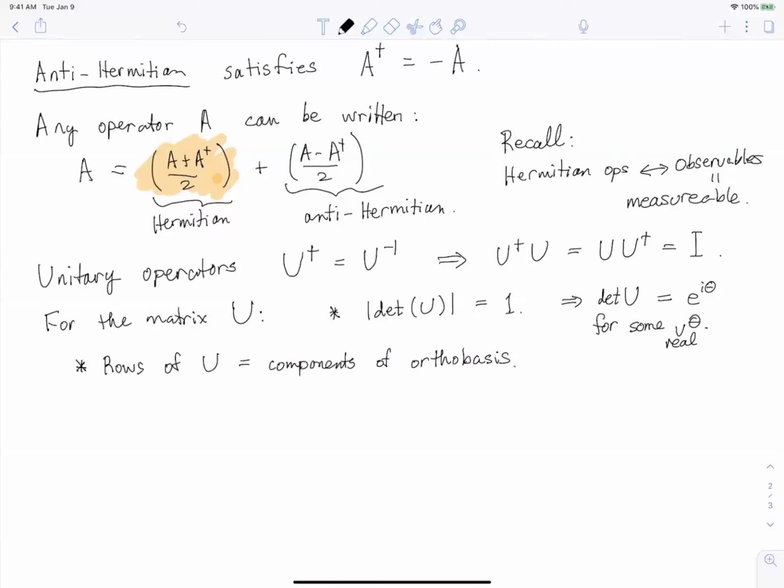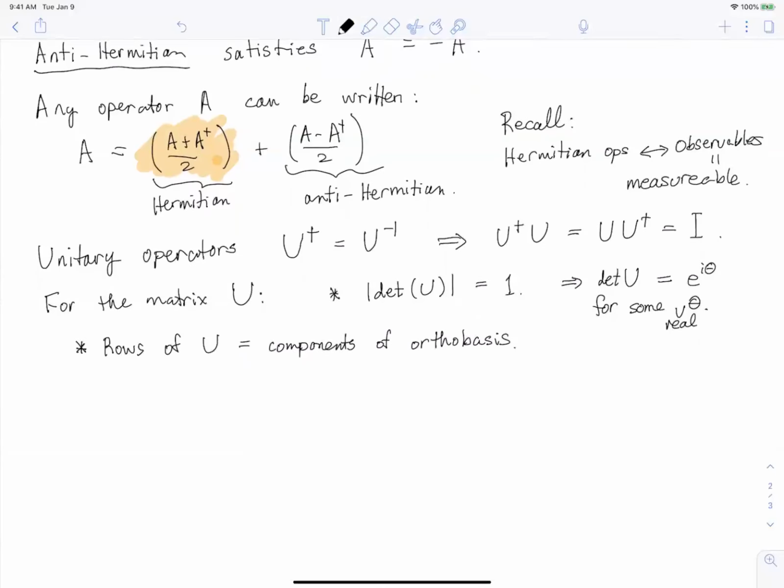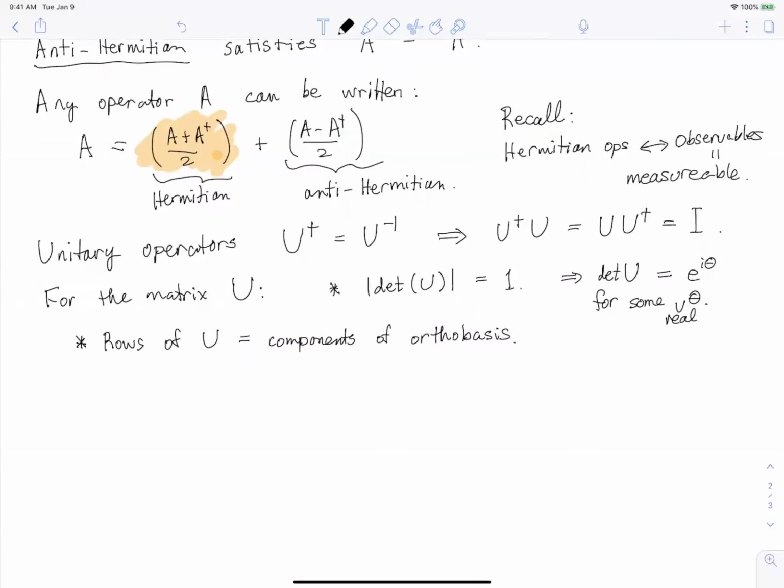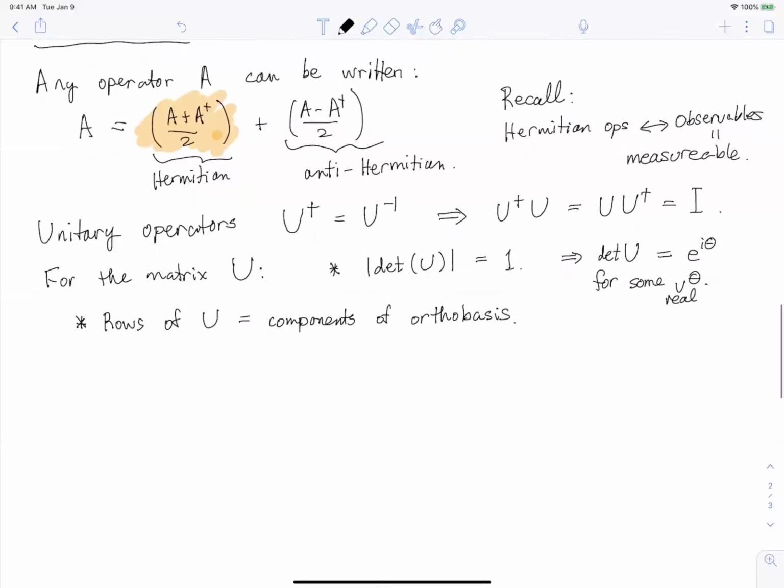Just to understand why that has a chance of being true, if my space is n-dimensional, then my unitary matrix is going to be an n by n matrix. That means it has n rows, and the number of orthobasis elements is supposed to be n. So at least the counting there fits.